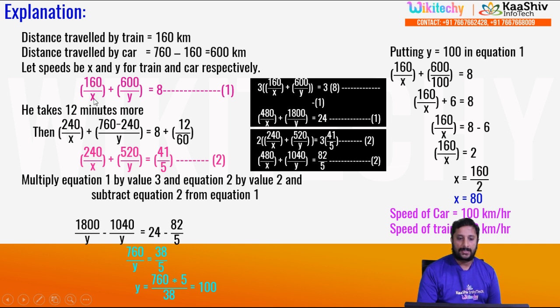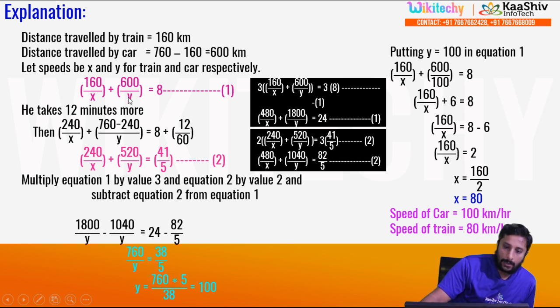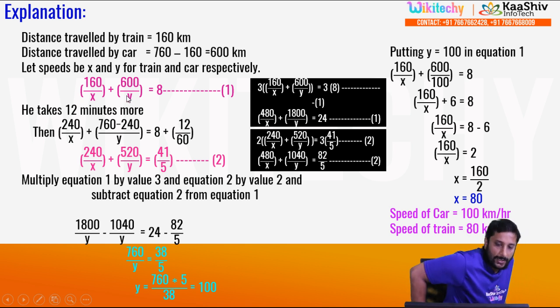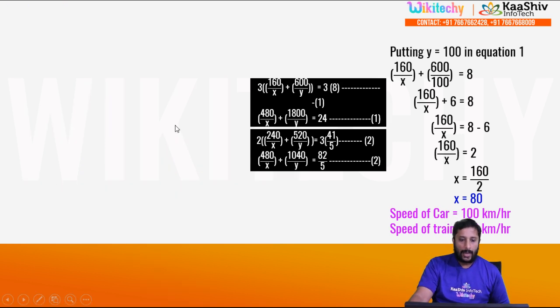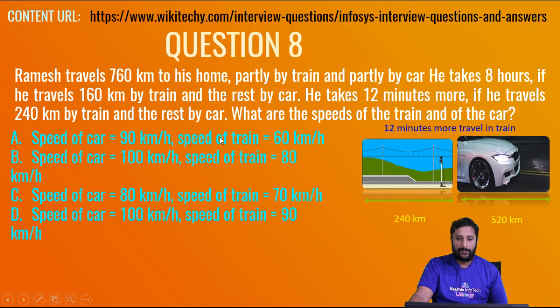So distance by train divided by the speed of the train, plus distance by car divided by the speed of the car, is equal to the total time. So you got this equation. And if you talk about the next one, he took 12 minutes more if he travels 240 kilometer by train.